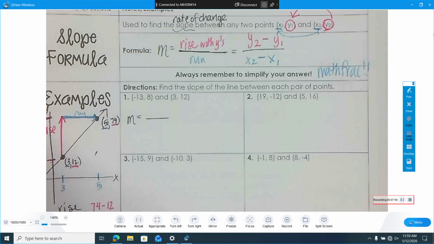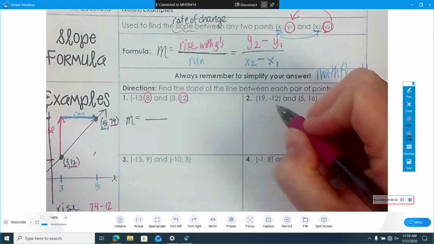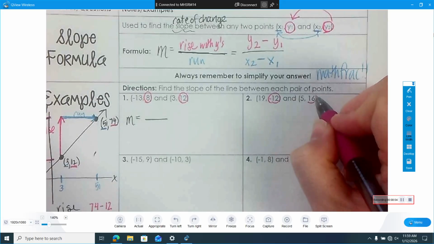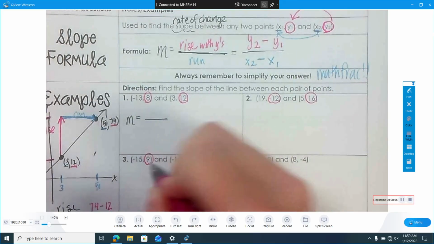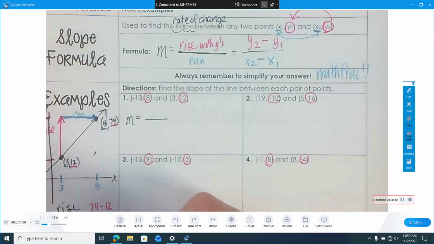And what I would like you to do is take one color and circle all your y coordinates on the whole page. Go ahead and circle your y coordinates with one color on your whole page. What I'm trying to avoid is you crossing your x's and y's and getting them confused.